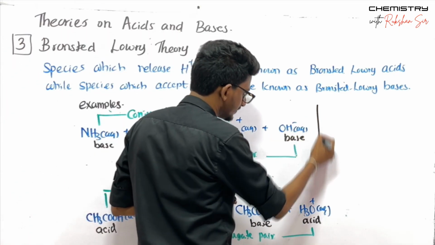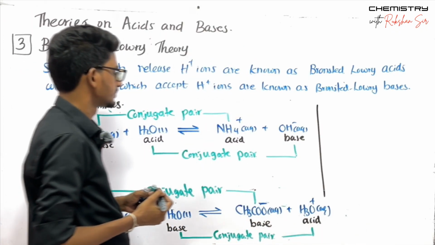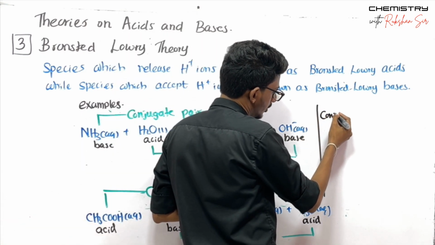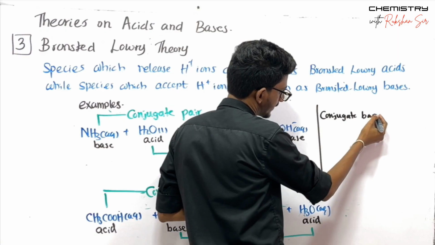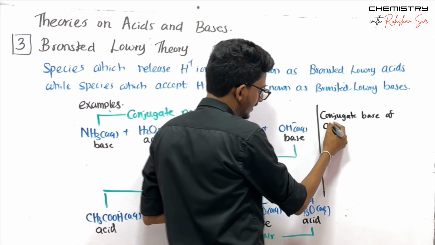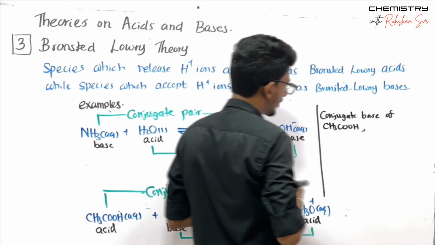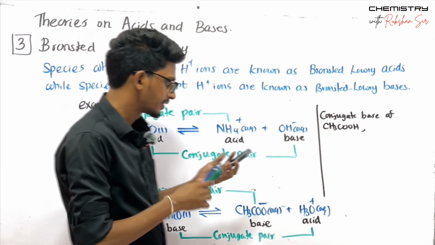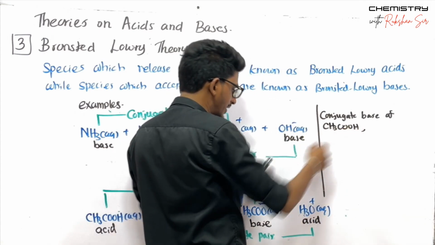If they have asked you to write the conjugate base of an acid, let's say CH3COH, what you have to do is just remove one of the H plus from your acid and write the remaining.